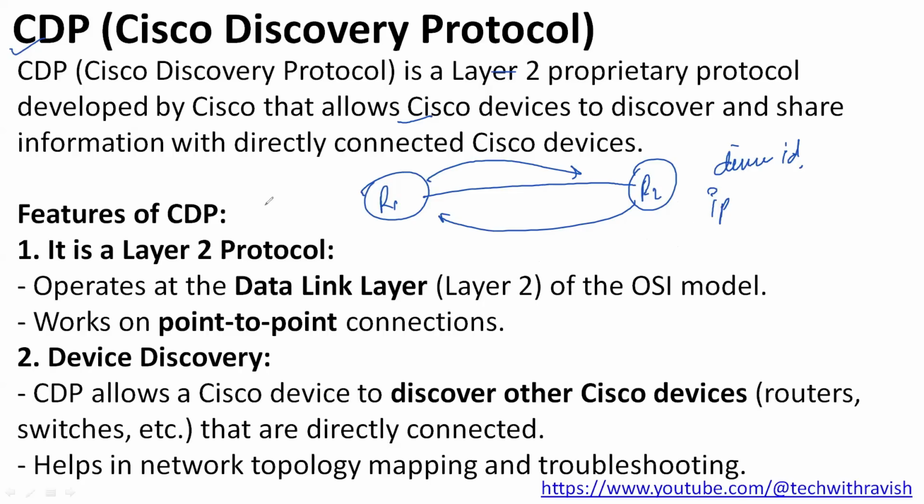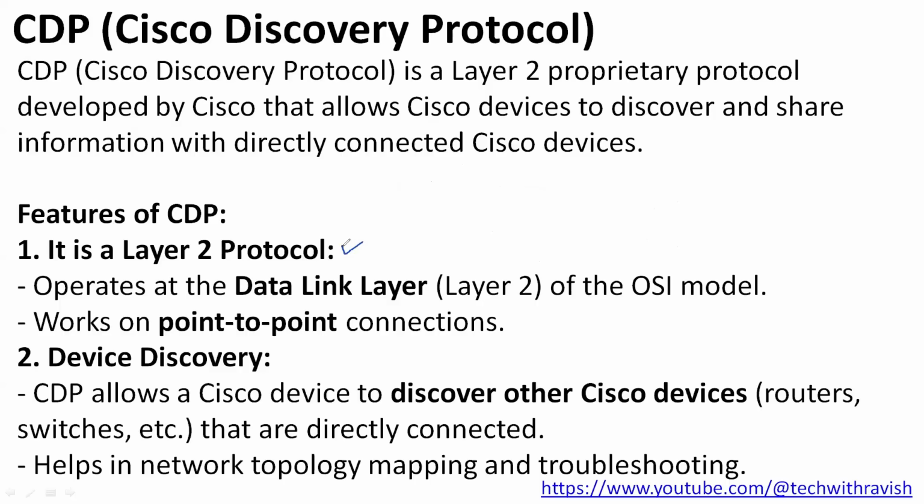CDP is a layer 2 protocol that works over the data link layer of the OSI model, and it works over point-to-point connections. CDP does device discovery, which allows you to discover the Cisco devices that are connected. It helps in network topology mapping and troubleshooting also.